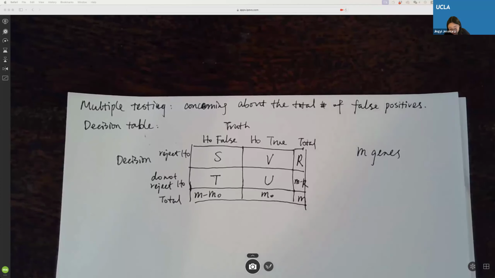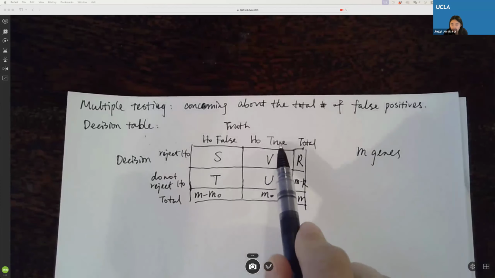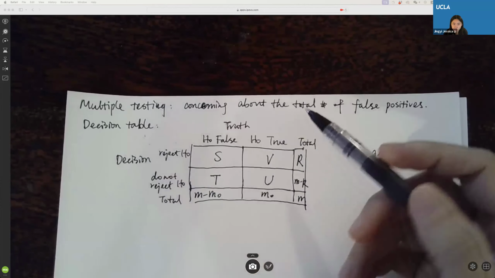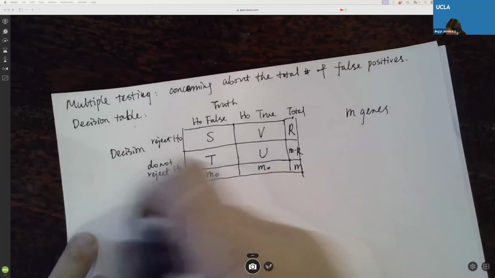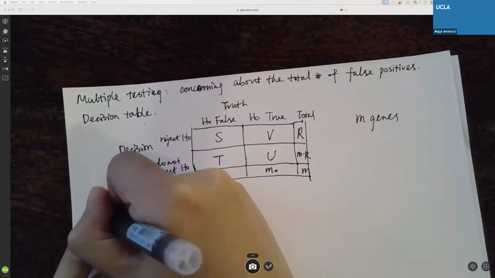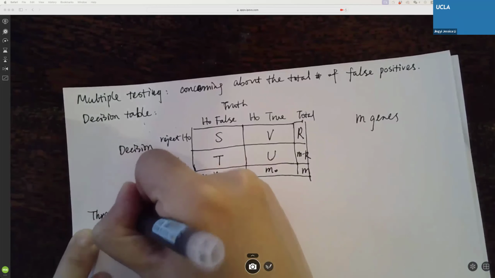Basically, we can define 3 criteria to quantify our decision errors in multiple testing. And we focus on the false positive errors. That is, when the null hypothesis is true, we make a false rejection. So I'll just say we have 3 criteria.